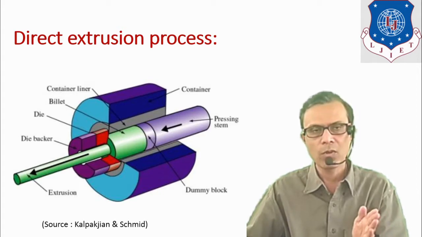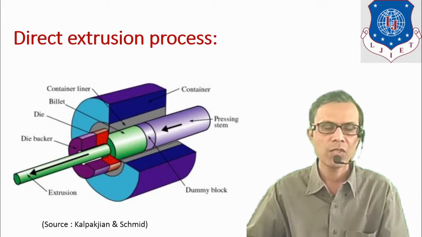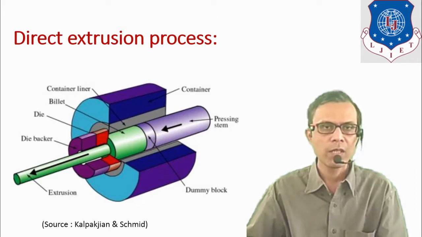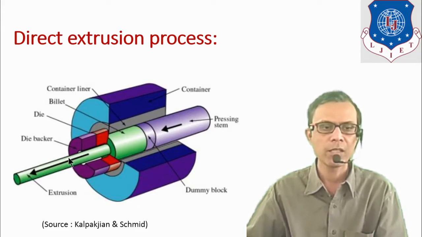So it is known as direct extrusion or forward extrusion process in which the billet comes out in the same direction in which the force was applied. As you can see here in this diagram, the force is applied in this direction and this extruded part is also coming out through the die opening in the same direction.